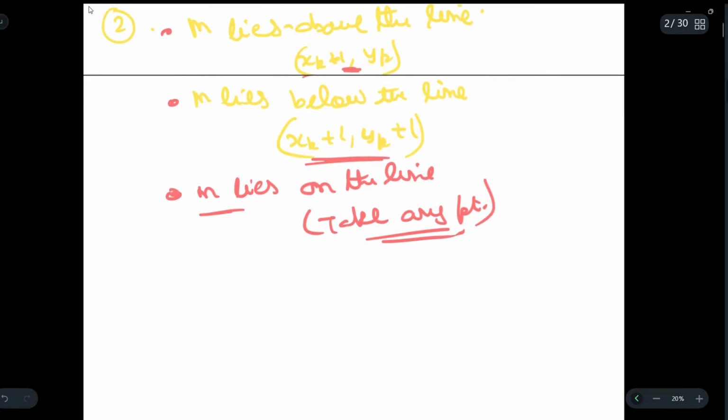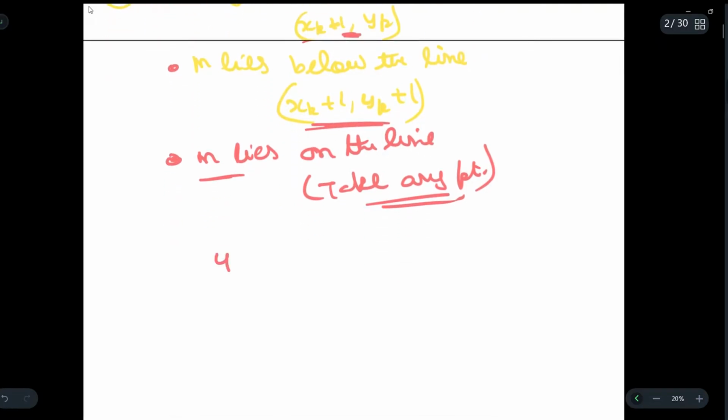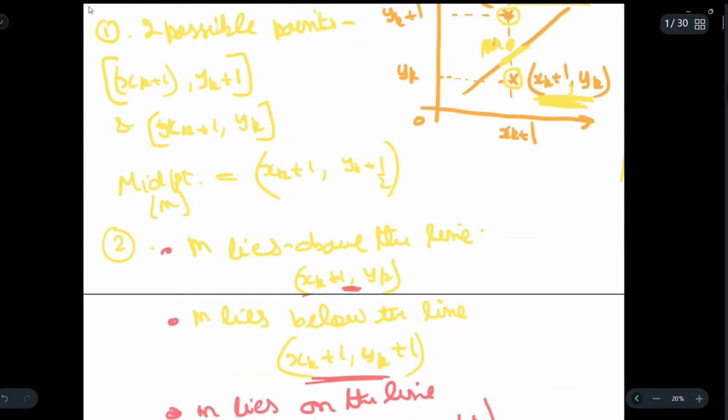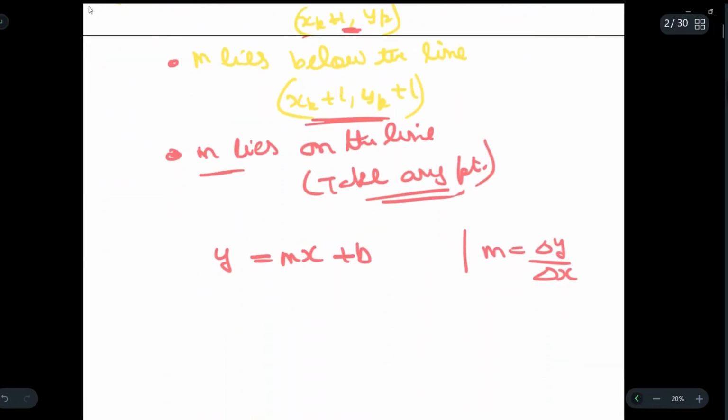Now let us write the general equation of a line, that is y is equal to mx plus b, and we know that m is equal to del y by del x. That is the equation of this line. Now we will substitute the value of m in this equation.